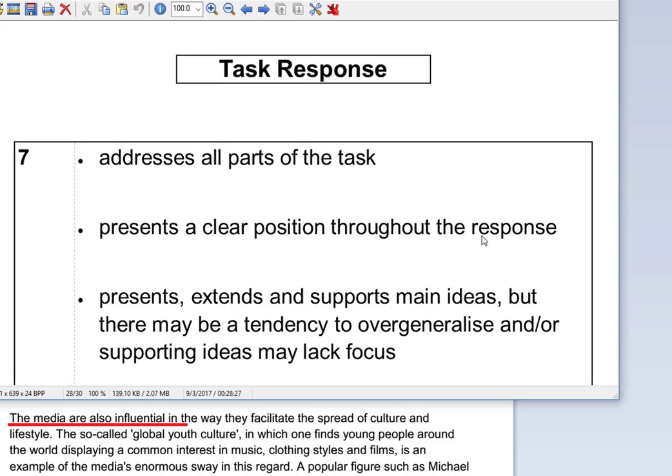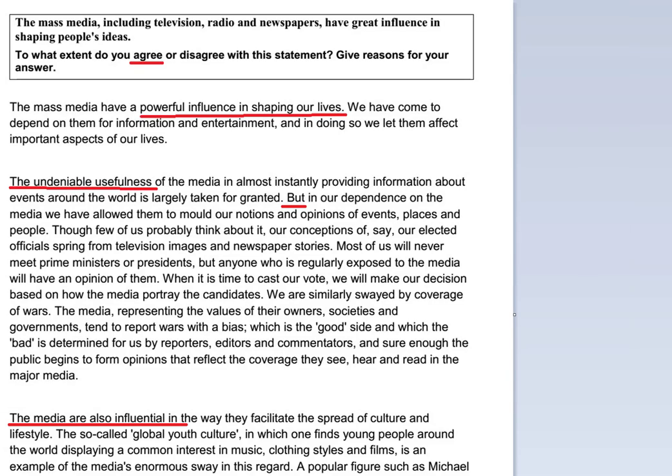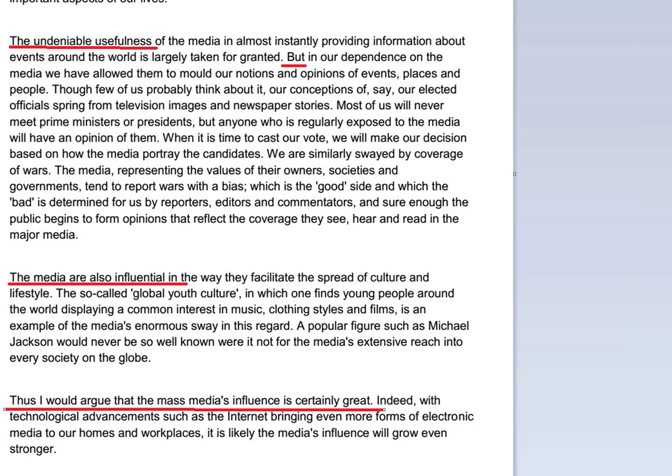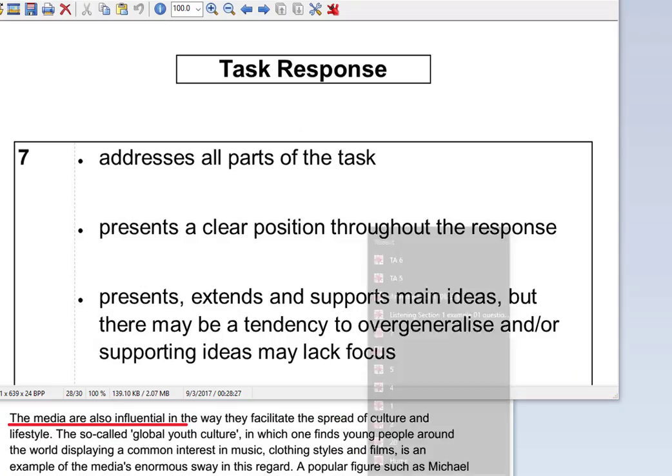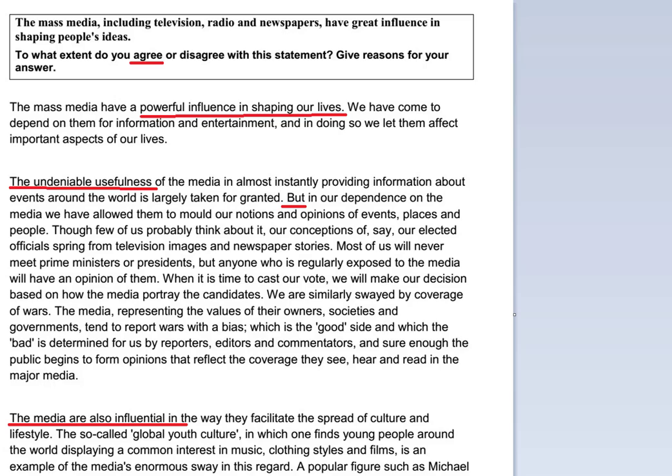Presents a clear position throughout the response. See, it can't get a 7 because the position is not clear throughout the response. Here in paragraph 2 and 3, we have to read carefully to discern the position. So it can't get a 7. Okay.